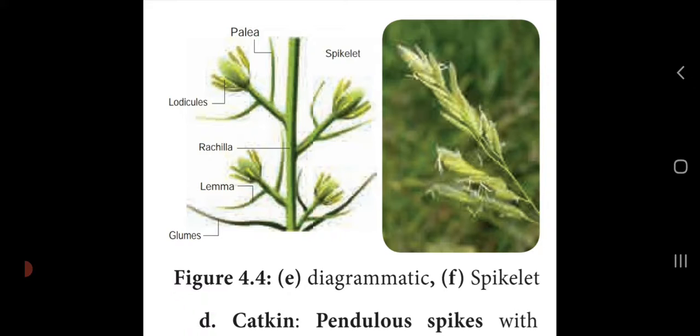Then the flowers are not differentiated into calyx and corolla, so they are modified into tepals, which are reduced. That arrangement is known as lodicules. So this is the diagrammatic representation of spikelet inflorescence.